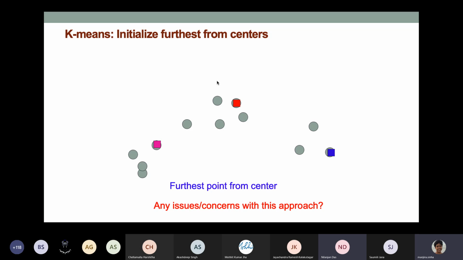Ma'am, how do we get a point which is farthest from 2 or 3 points? Like, how exactly are you determining that point? Farthest from one point we can get by computing all the distances with one center.